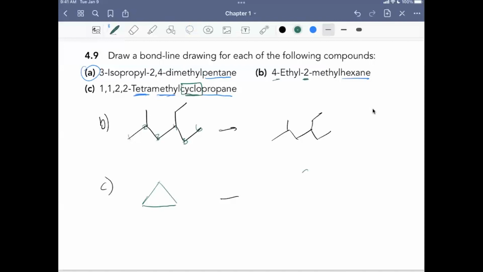If this was, let's say, cyclohexane, we would need 6 carbons in a ring. So cyclopropane, we have 1, 2, 3 carbons, and then we have 2 methyls coming out of the first position and the second position. So what would that look like without the numbering? Something like that.